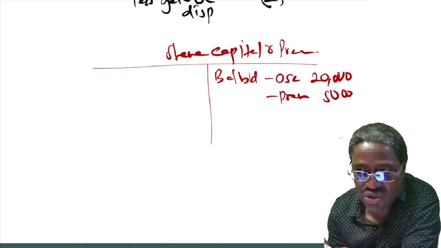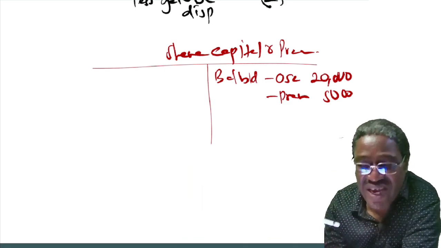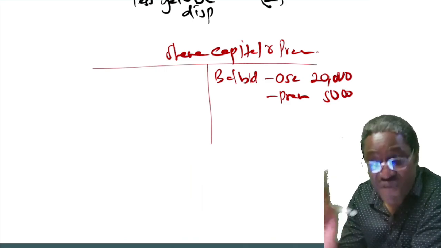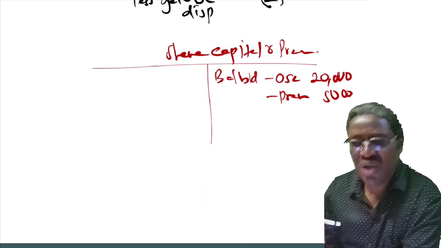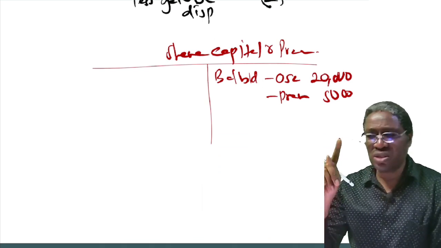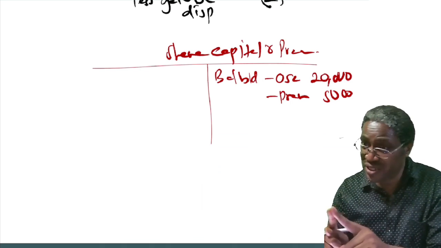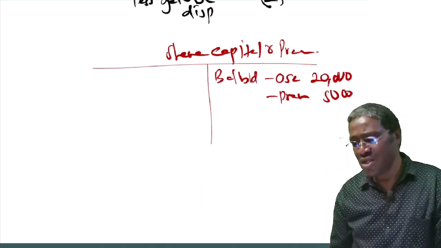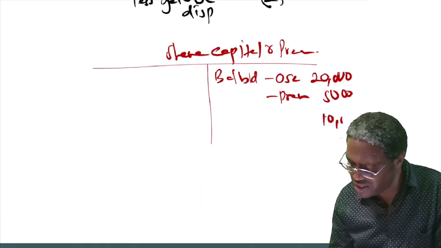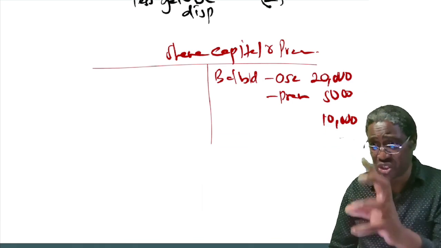That is the definition of bonus. Whenever a company issues shares, whether by cash or for free, the share capital will increase. So this account must be credited by 10,000 because we issued shares worth 10,000 as bonus shares.